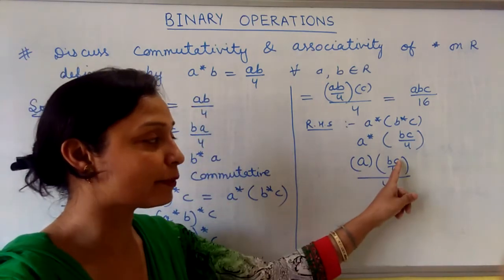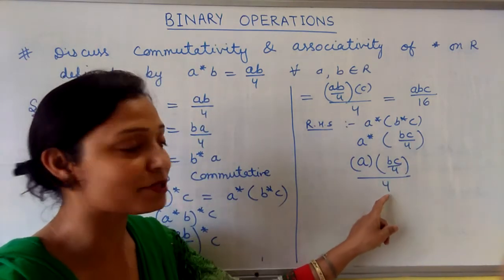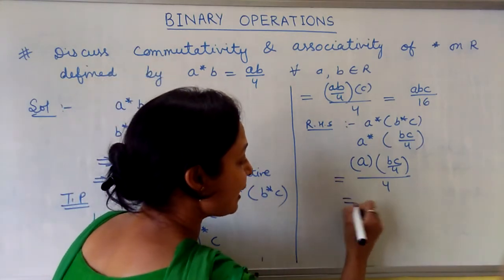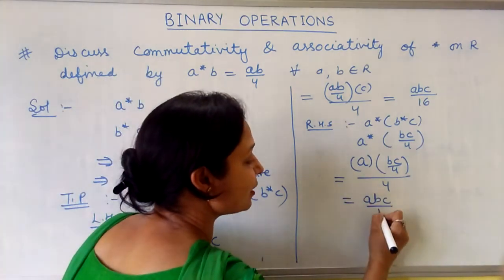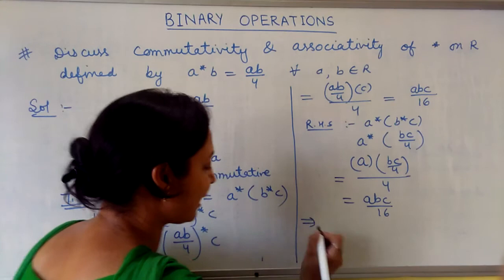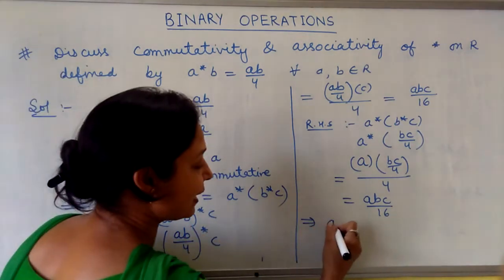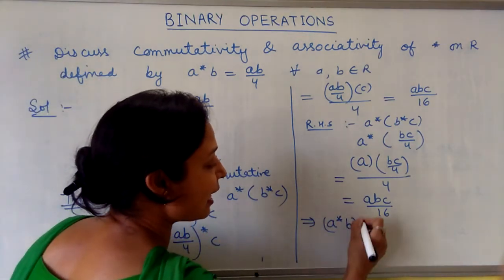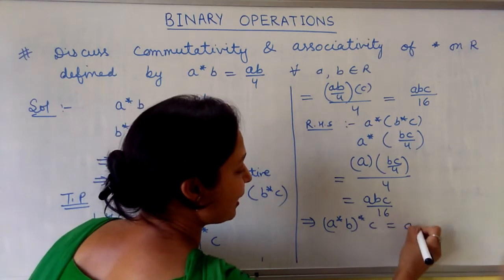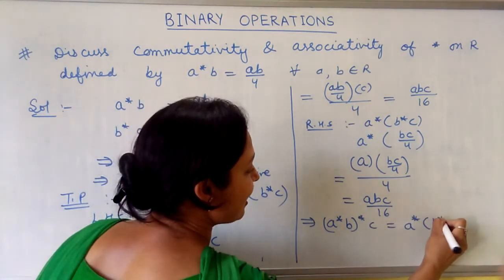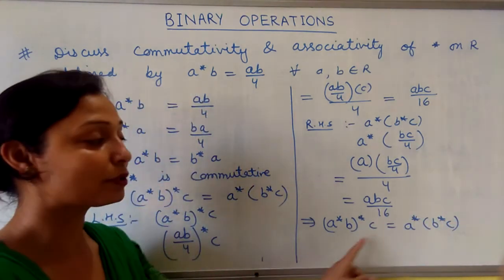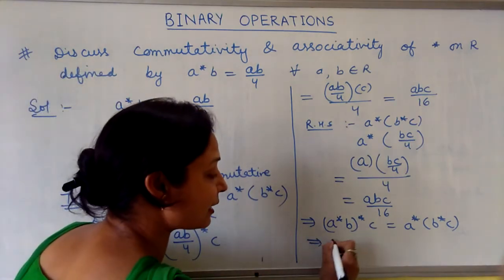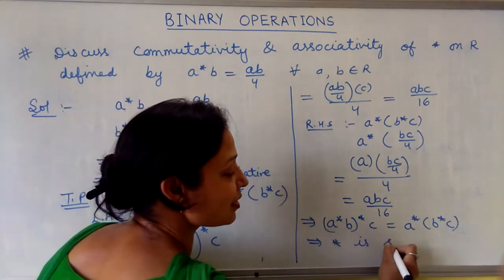Now take the product of these and it equals abc upon 16. This implies (a star b) star c is equal to a star (b star c). That means both are equal and star is associative.